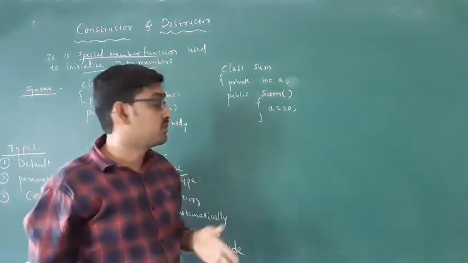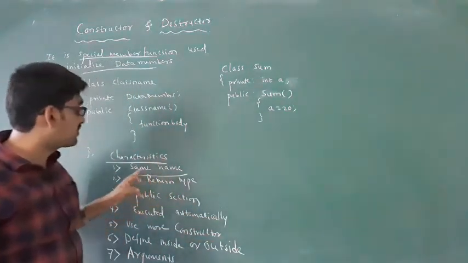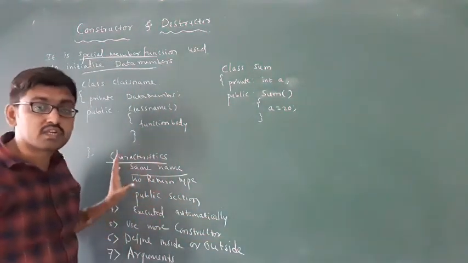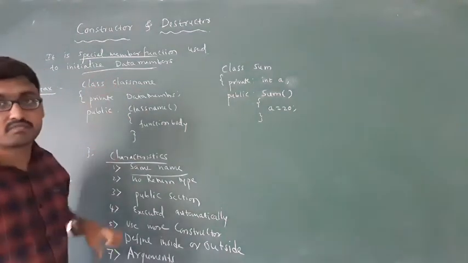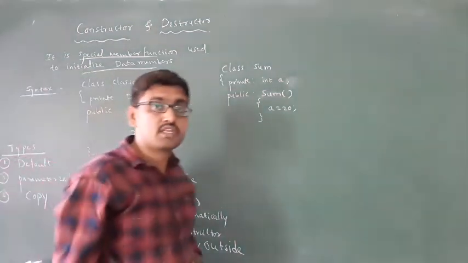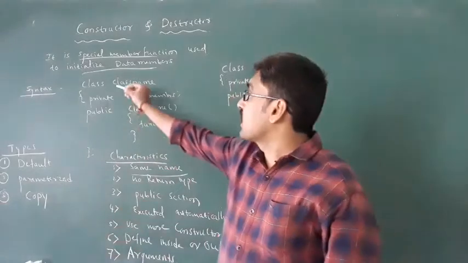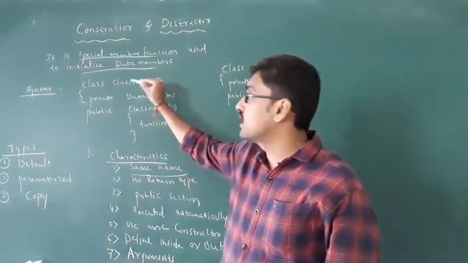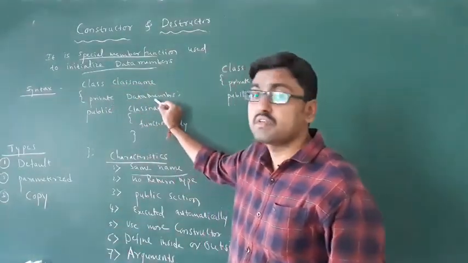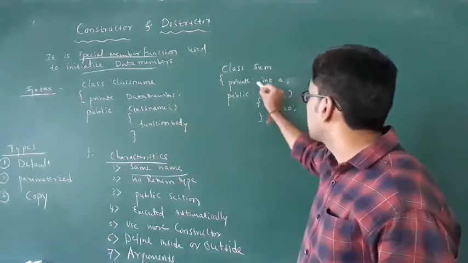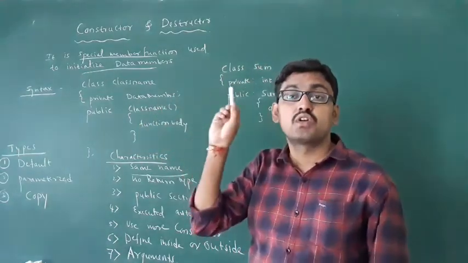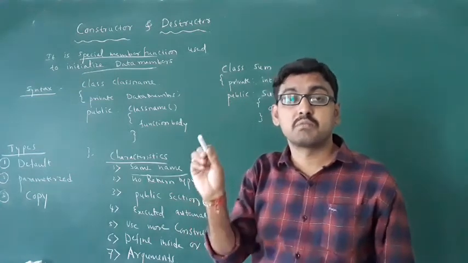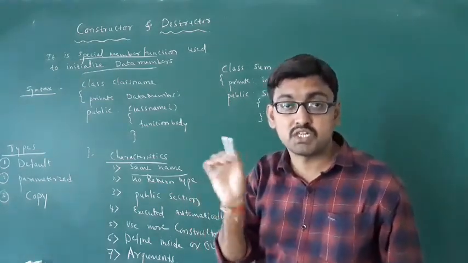See, then what are the characteristics of a constructor? Write the syntax of a constructor. See, first the class name, then braces, then private data members, then the public section.